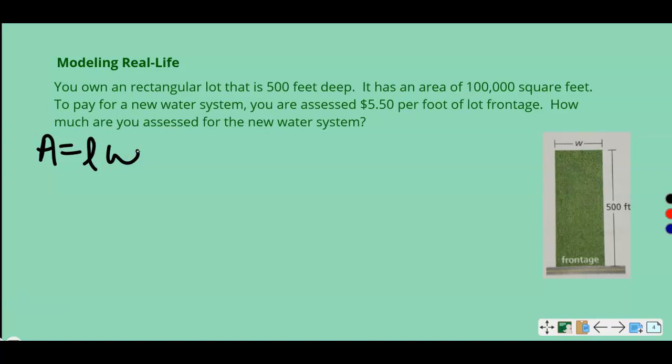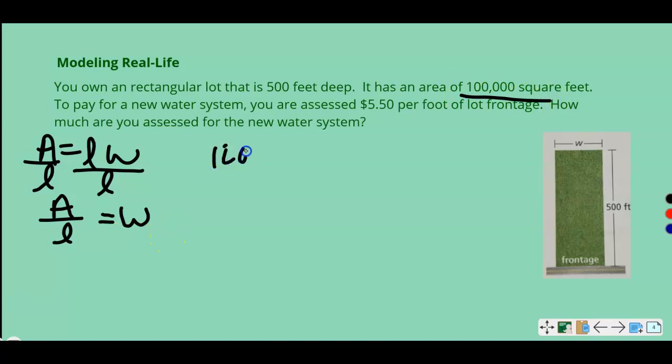All right, so if area equals length times width, we know that we have the length here, but we do not have the width. So let's solve for width first. So it has 100,000 square feet is your area. So let's divide both sides by L. The width equals A over L. So we can substitute the area in.